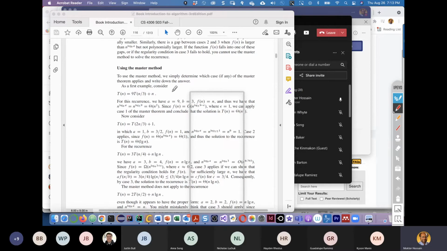Our condition is that if we find Fn equal to big O of n to the power log A with base B minus epsilon, we will check whether there exists any epsilon.